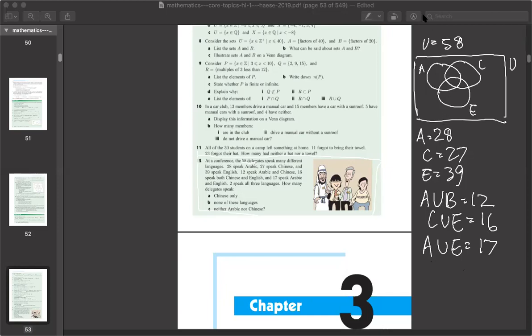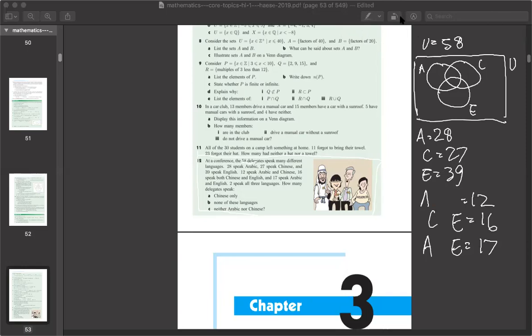Oh, hold up. It is both of them only. When they mean both of them only, it's not a union, it's an intersection, because it's not either.